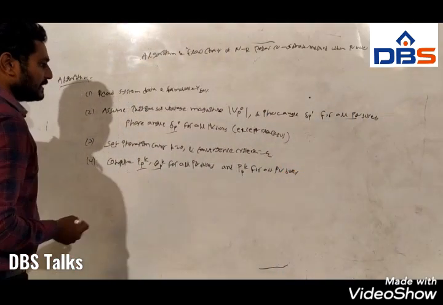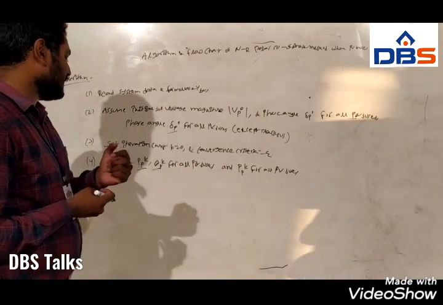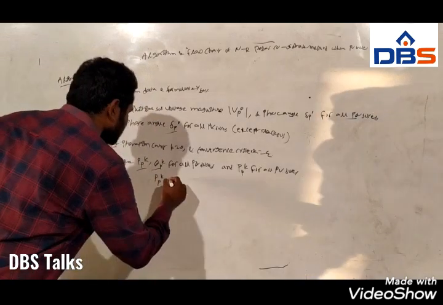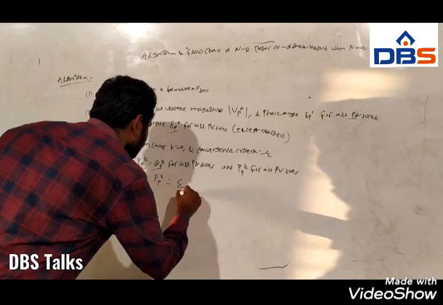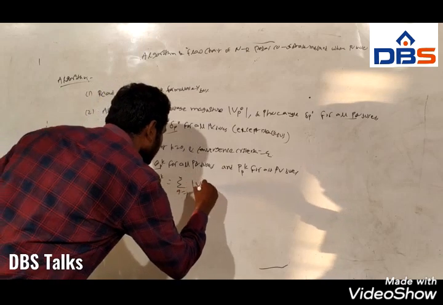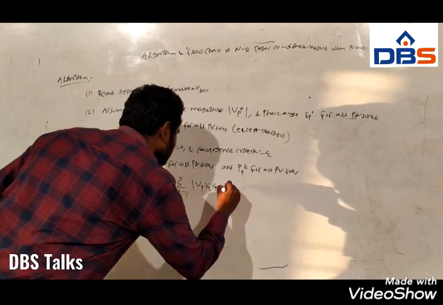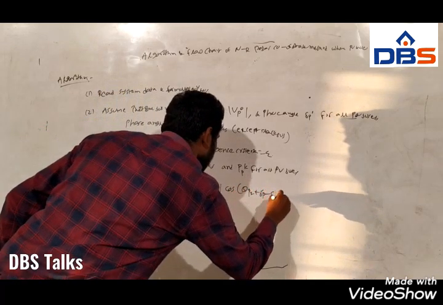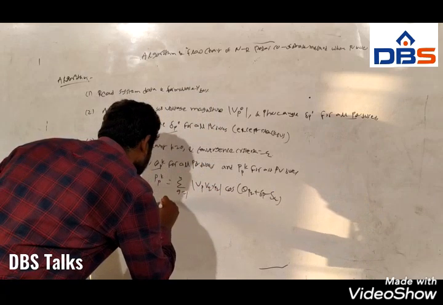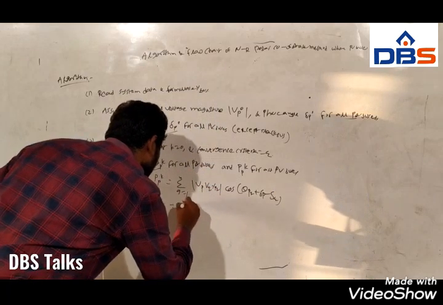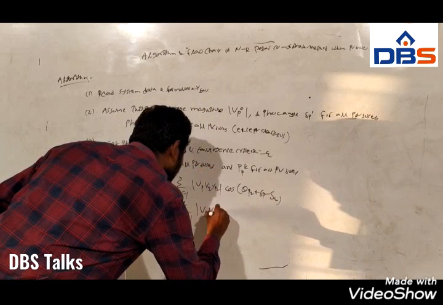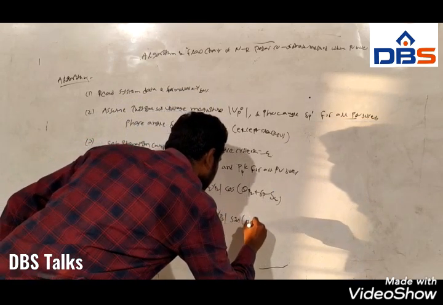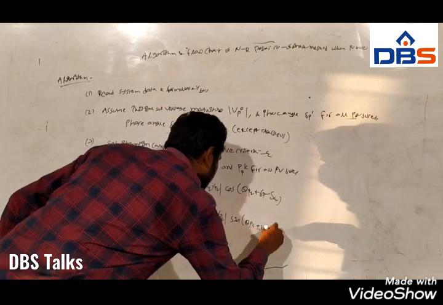Earlier we derived the equations for real power and reactive power of a PQ bus: Pp^k equals sigma q equals 1 to n |Vp||Vq||Ypq| cos(theta pq plus delta q minus delta p). Similarly, Qp^k equals sigma q equals 1 to n |Vp||Vq||Ypq| sin(theta pq plus delta q minus delta p).